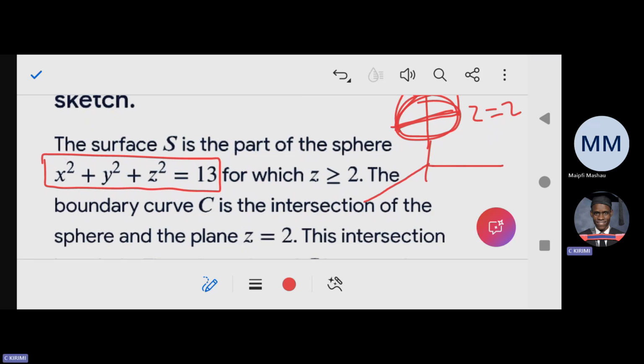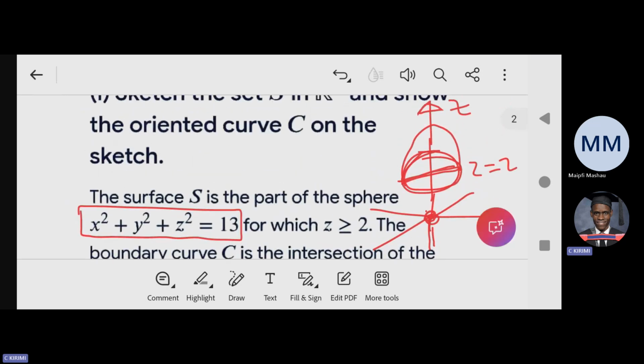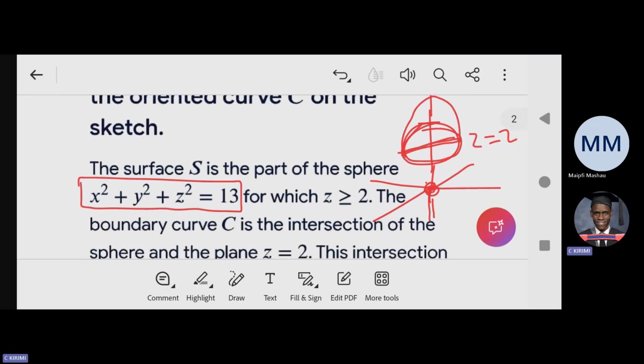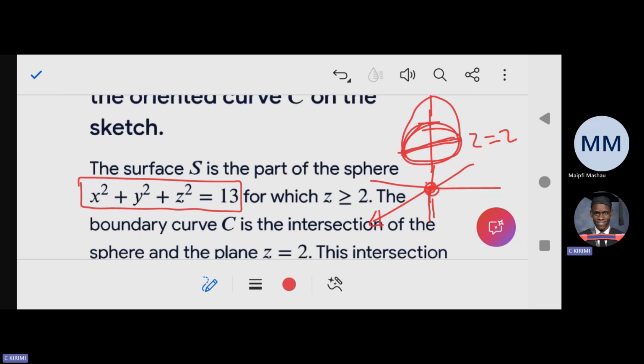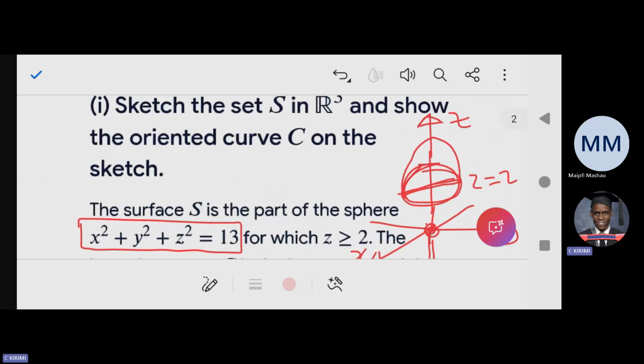This is x equals 0 at this point. Then you find that the region they want will be somewhere above the xy plane. This is our x, and this is our y, then the z is up. So you can see that part is now above the xy plane, going upwards.